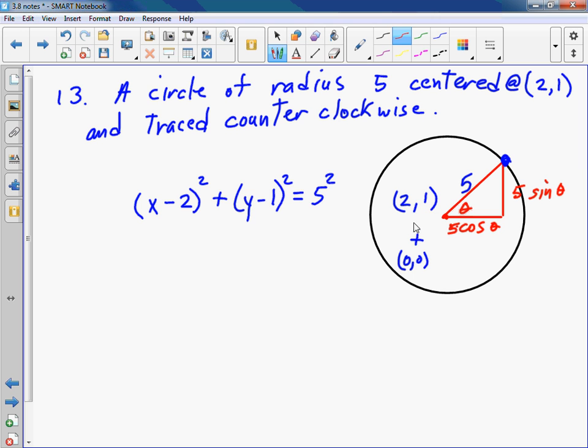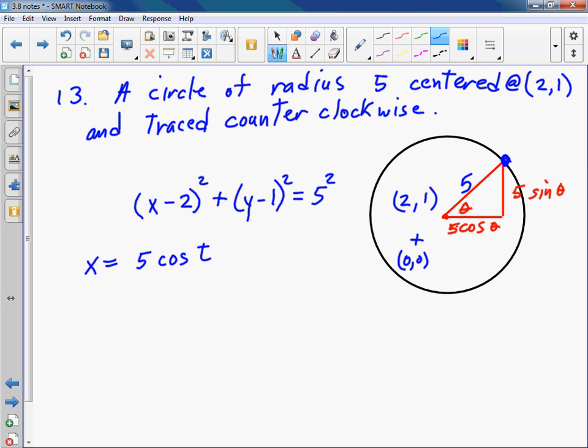If we want to express this, x equals 5 cosine t plus 2. I think our author used t because it's parametric, but it really is the same principle.